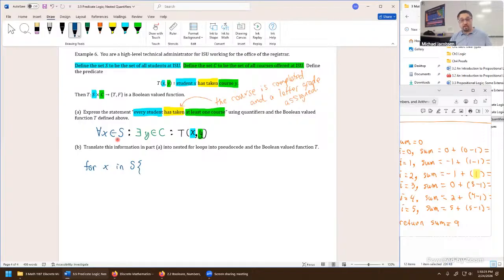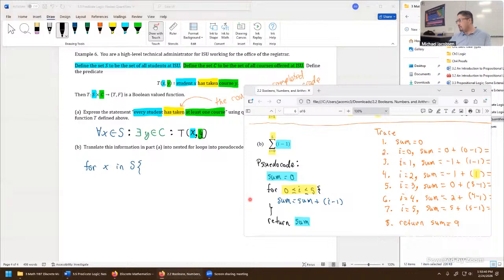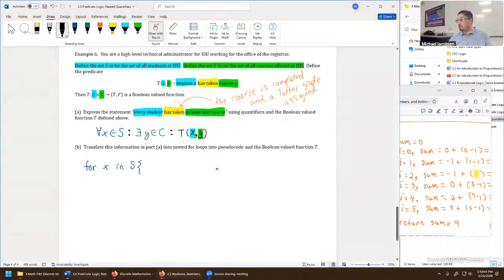I'll put a curly brace here just to organize the nested loop structure. And I need a Boolean value to start with. We're eventually going to use a predicate function inside of our pseudocode, but I need a placeholder, much like I needed to start an initial sum right here, starting at 0. So I'm going to begin by just saying something along the lines of taken course, something kind of basic and fast.